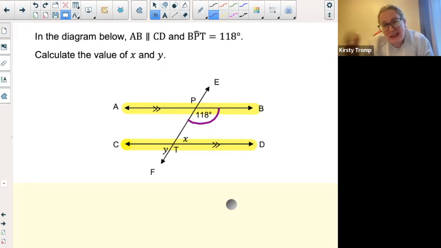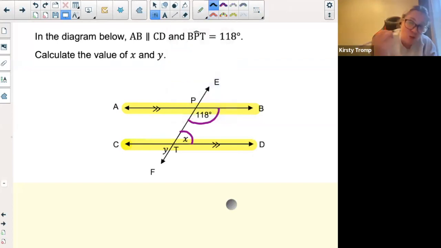I'm starting with x. I like to go in alphabetical order. Teachers like to do that as well. It just makes your life a little bit easier when you're solving for the angles. So that's another exam tip: make sure that you always solve your angles in alphabetical order. So I want to find x. I see that x is sitting on my parallel line, and 118 is also sitting on the parallel line.